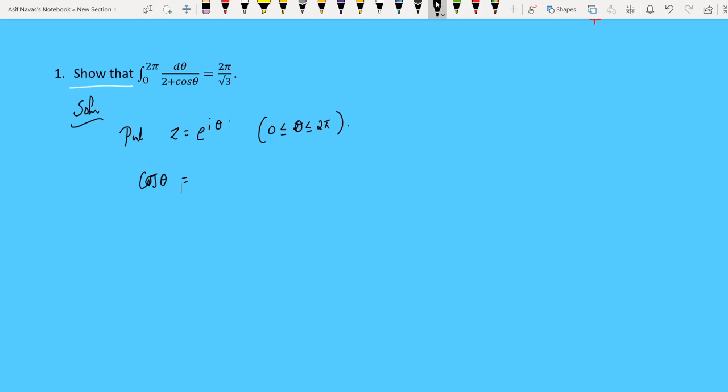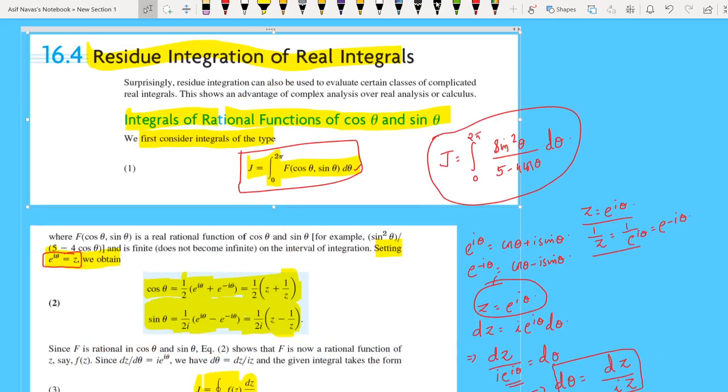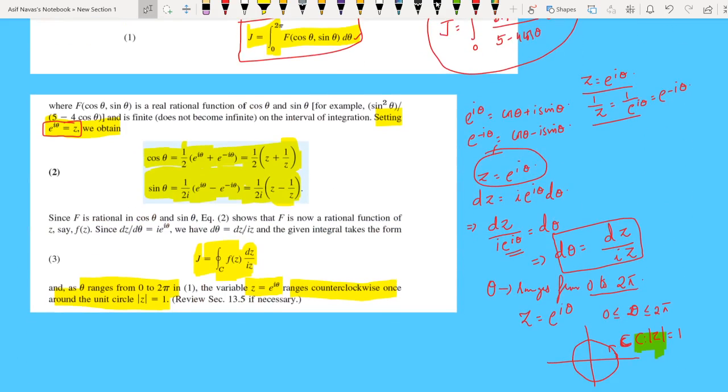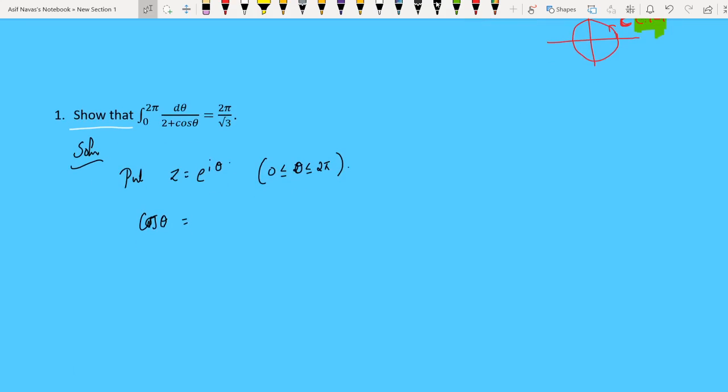Cos theta, we already know, is equal to 1 by 2 into z plus 1 by z. That is cos theta.